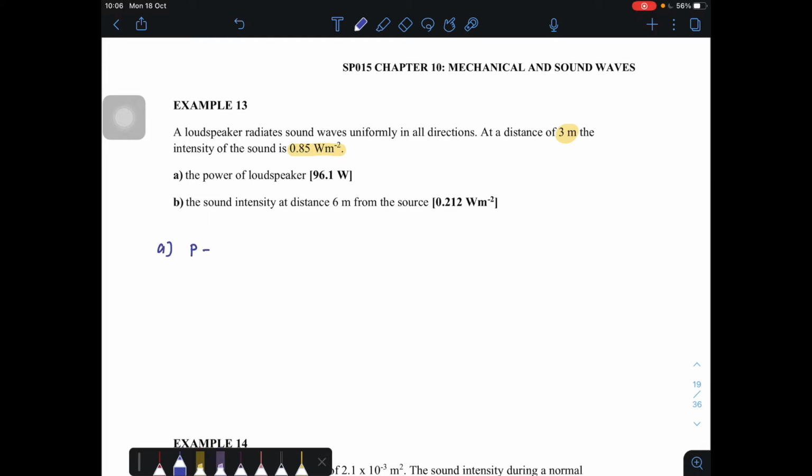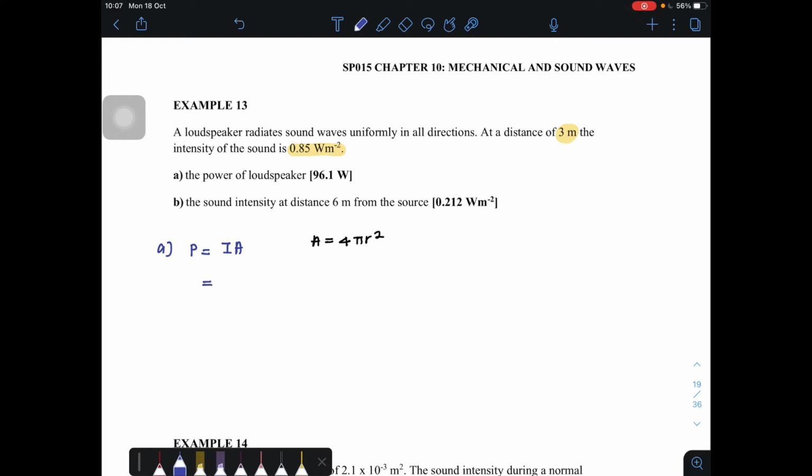So keluarkan formula untuk power, which is equal to I times A. Untuk subtopik ni kita hanya ada satu formula saja, which is this formula for power. This one is power, this one is intensity, this one adalah area. So area here, we are using the same formula, which is 4 pi r square. Ni adalah area for the loudspeaker.